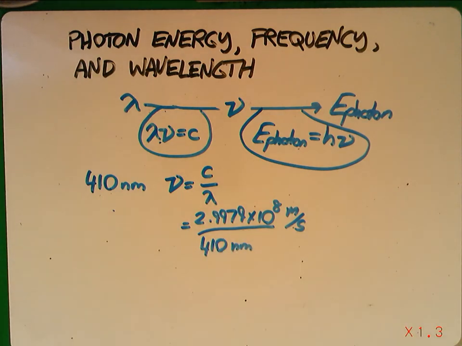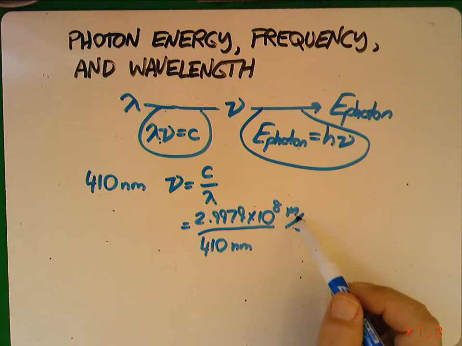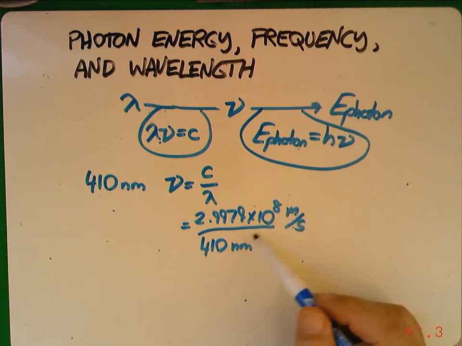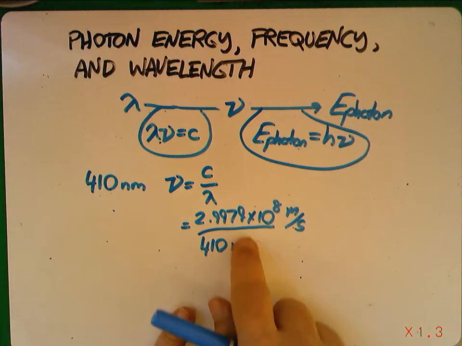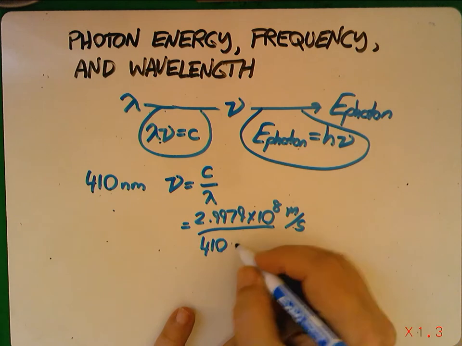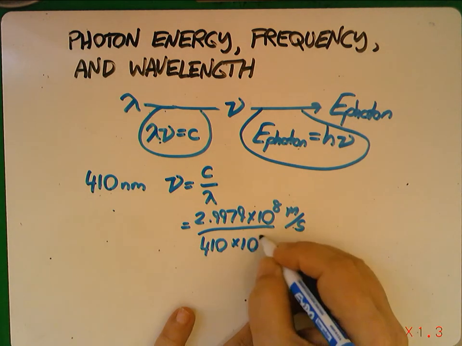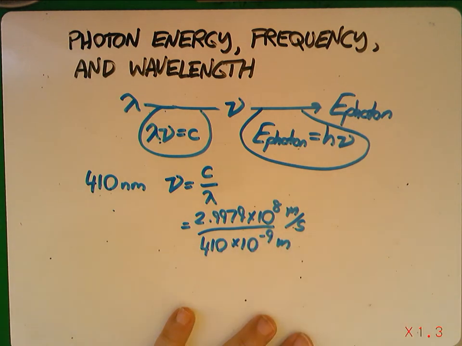Now, that's not going to come out right because I don't have the same units for length here, meters here and nanometers here, so I have to turn them into common units. The easiest way to do that is recognize the nano there means times 10 to the minus 9. And just write it in like that. And now we've done this kind of thing before.